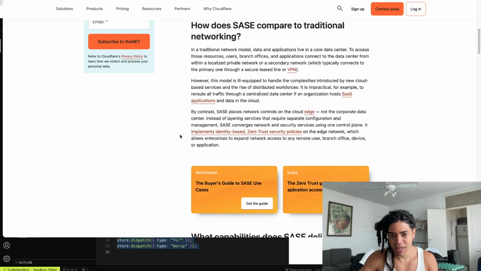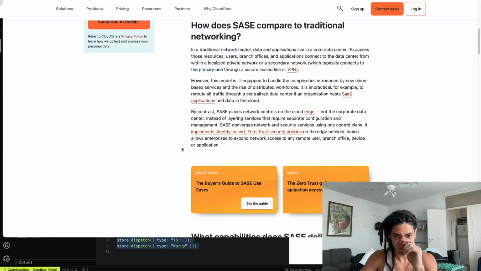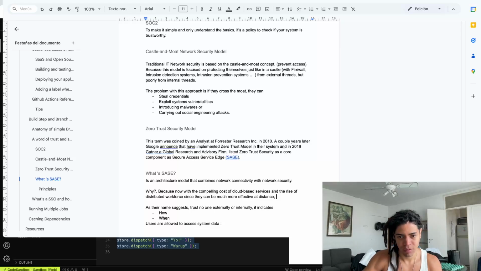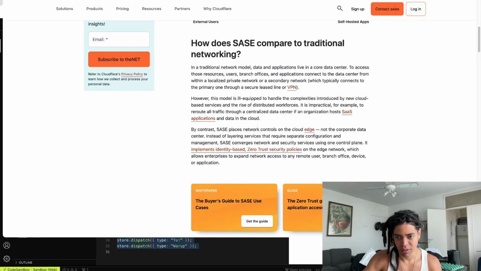It implements identity-based security trust policy on the edge network, so it implements zero trust security on the edge, on the edge network.